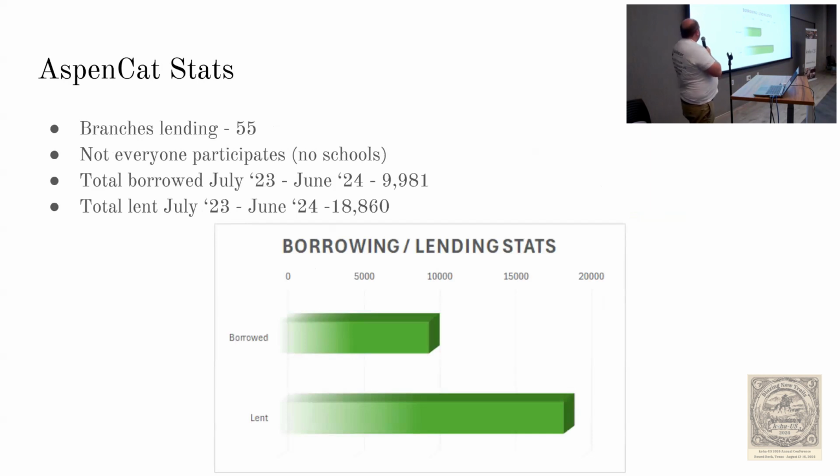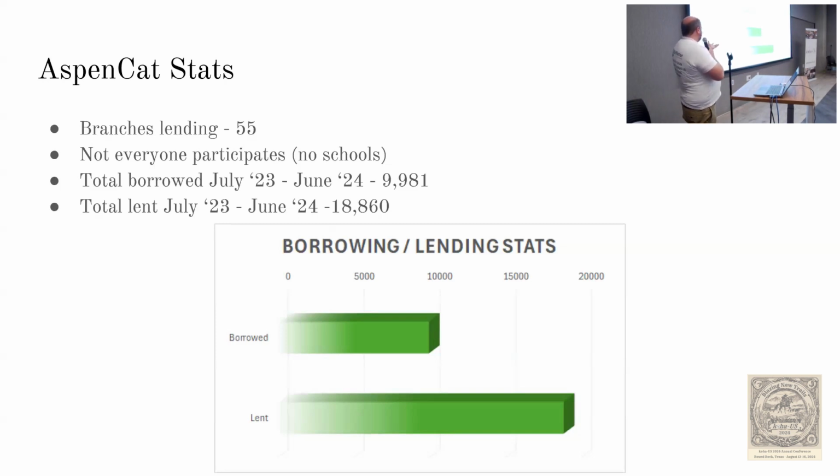We have 55 total branches lending. It's limited to those public libraries and the community colleges. So schools aren't eligible for this, although there's a workaround if there's a public library in the town, where they can do it through them, but they can't do it directly.